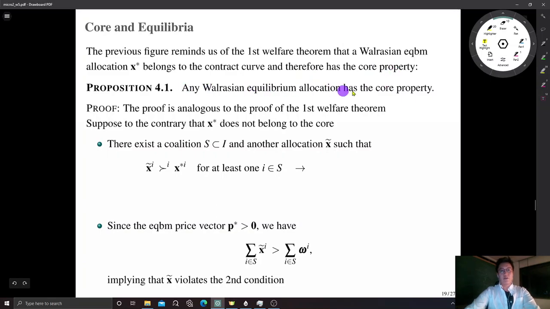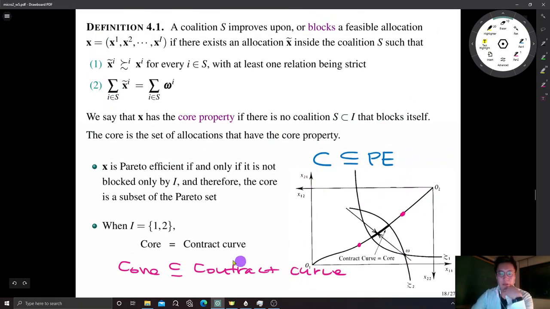So now we are going to generalize this one. In case of two players, because the core is the same as the contract curve, the Walrasian equilibrium allocation must be an element of the core, must be an element of the contract curve. So it should be on this line. So it has the core property.